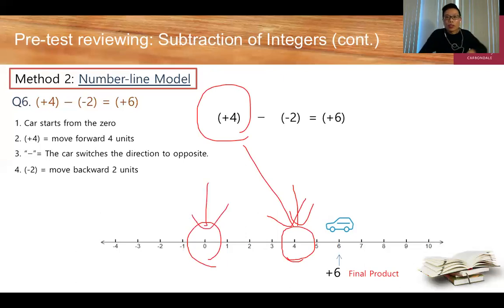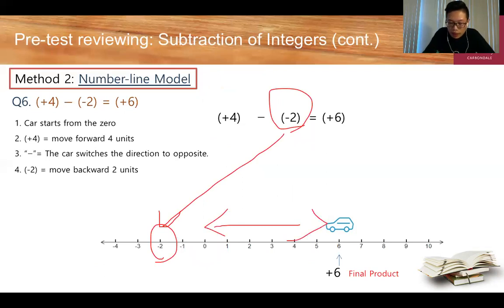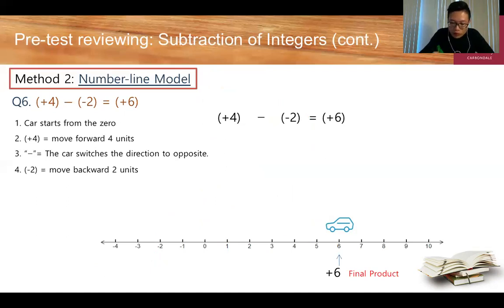Why? Because when you talk about the subtract hand, the subtract here is -2, right? You can't put a car here directly, right? Because the car is moving back and forth on the number line. So we have to give meaning to the plus sign here.